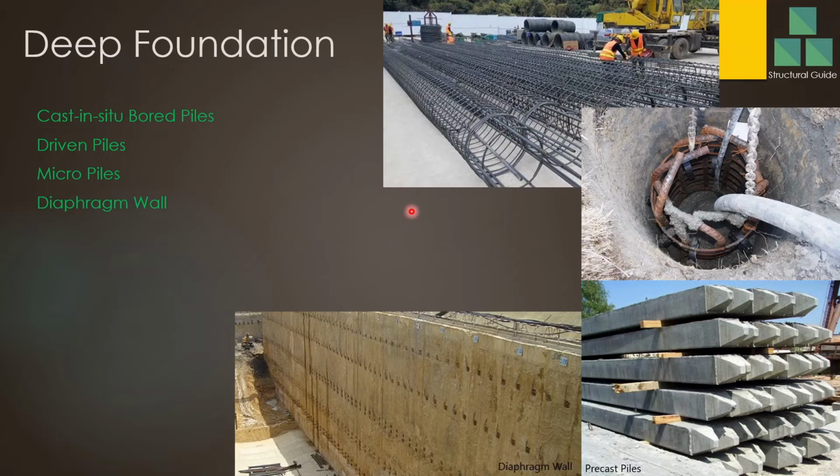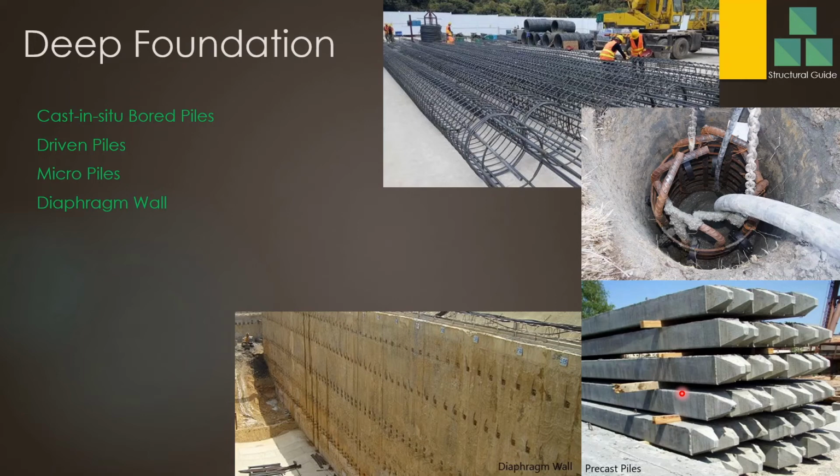Now let's see what driven piles are. You can see here these are driven piles, square shape piles. When we can't put shallow foundations in small scale buildings, for example if we have peat soil very close by, even a single or two-story building may not be possible.